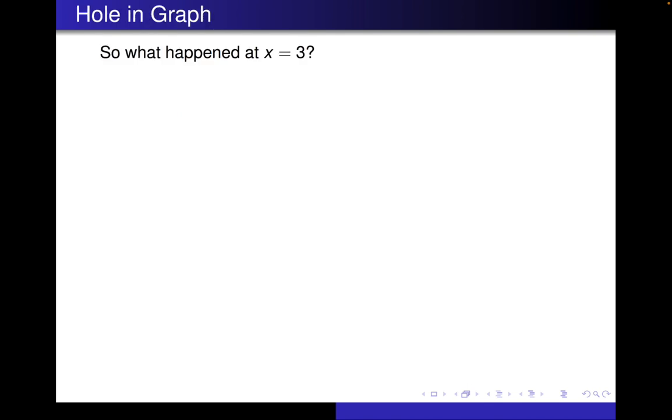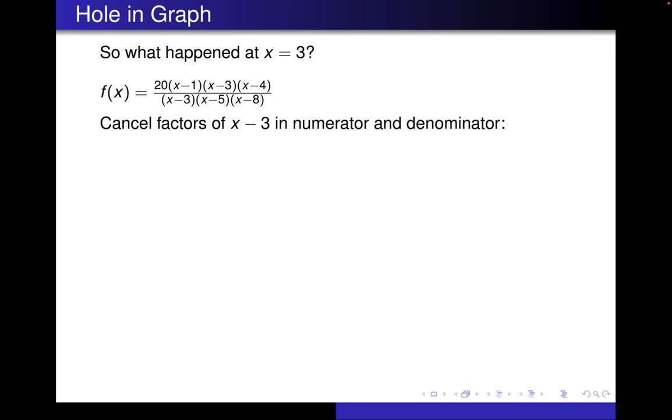So what happened at x equals 3? If you look at the original formula, x equals 3 is where the x minus 3 in the numerator equals 0, and the x minus 3 in the denominator equals 0. Since we have the same factor in the numerator and denominator, we can cancel that x minus 3. But we have to remember that even after we cancel it, we still can't plug in x equals 3. That makes the denominator equal to 0, and the function is undefined.